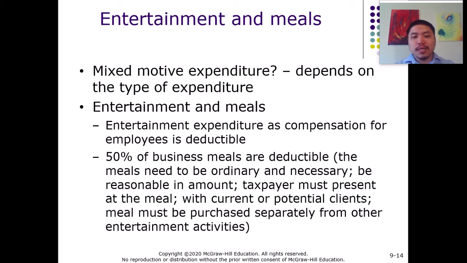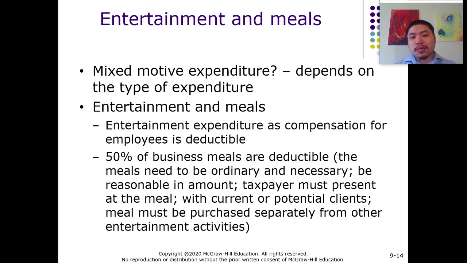And then the final requirement is that the meal has to be purchased separately from other entertainment activities, right? So let's say the taxpayer meets up with the client at the restaurant, and then later on they decide to go watch a ball game together.